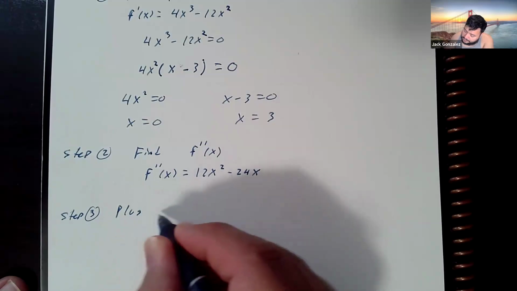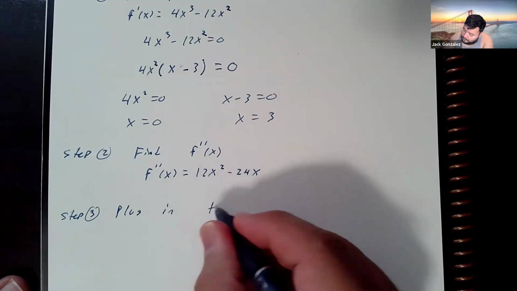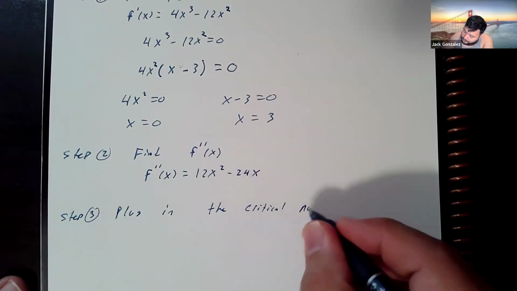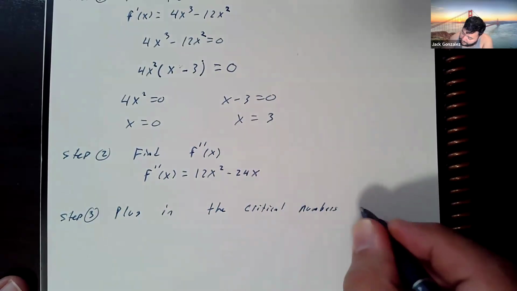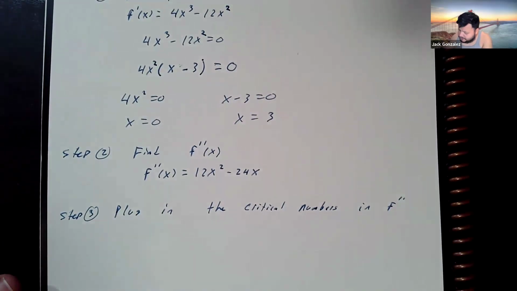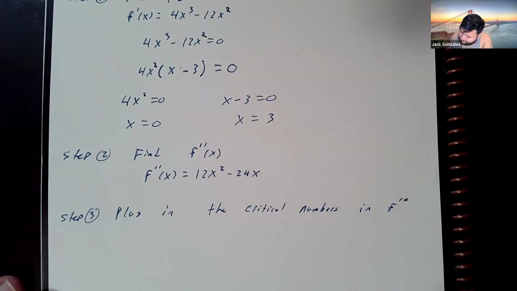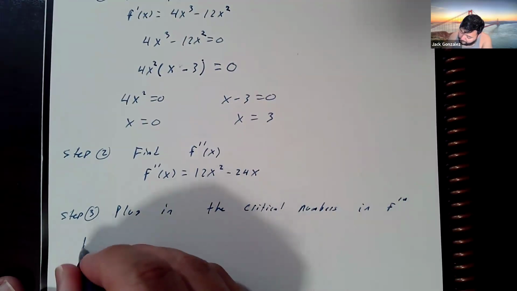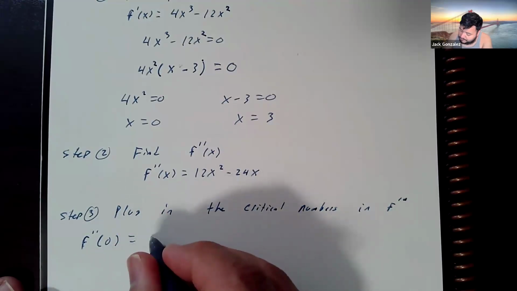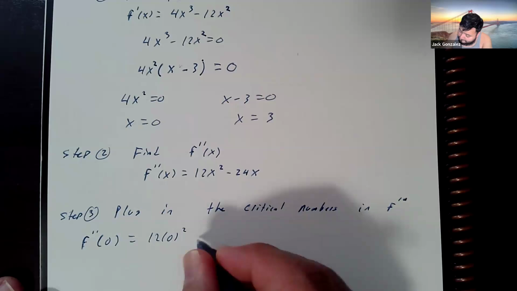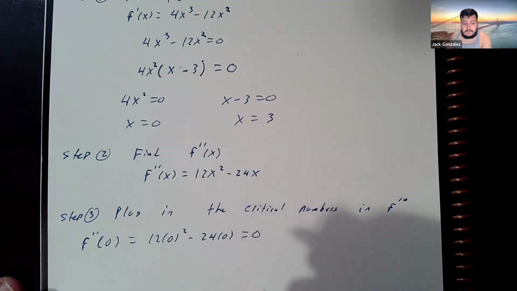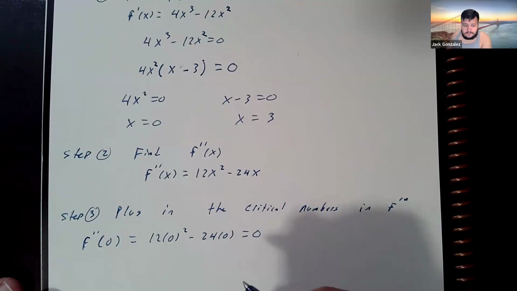Step 3, plug in the critical numbers into the second derivative. All right. The second derivative at 0 will be 0, right? When that happens, what does that mean again?